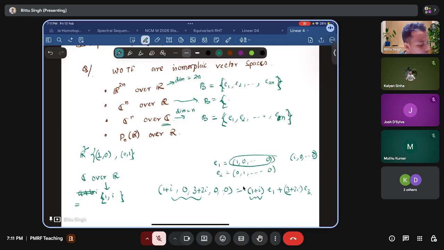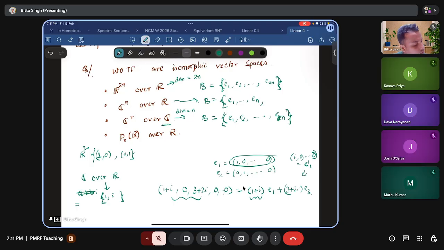Those are E1 up to En, and let me write the notation E1 dash for this kind of I comma 0 0. Similarly, Ei dash will represent I at the ith entry.